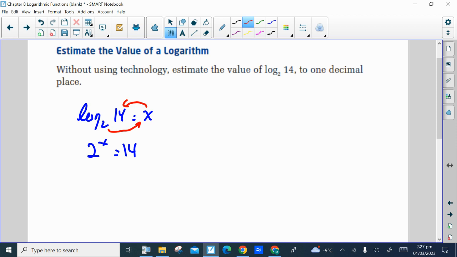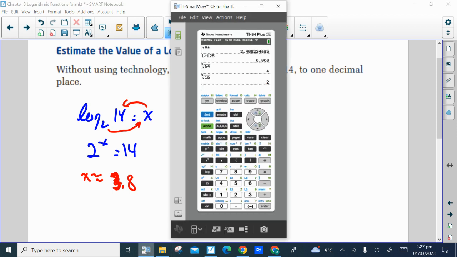It's an estimate. Between 3 and 4, closer to 4 than it is to 3, because 14 is closer to 16 than it is to 8. So we can use our calculator to confirm our guess.